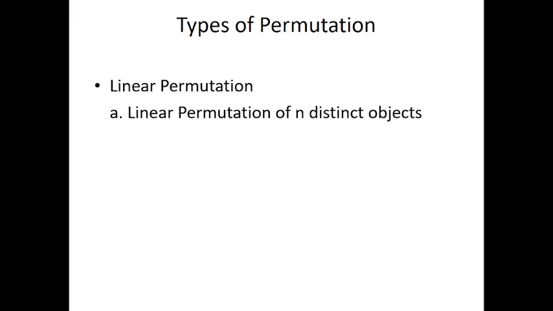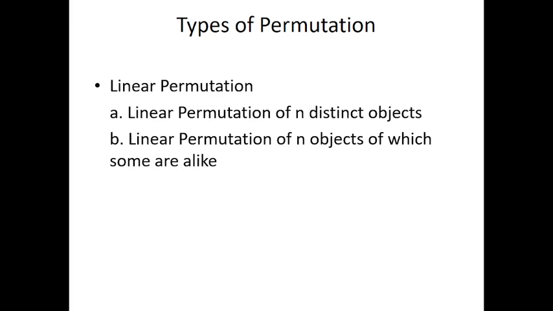So there are types of permutation. First we have linear permutation, and for linear permutation we have linear permutation of n distinct objects. Then we have linear permutation of n objects of which some are alike. We have circular permutation.